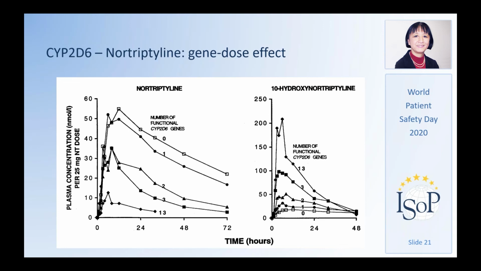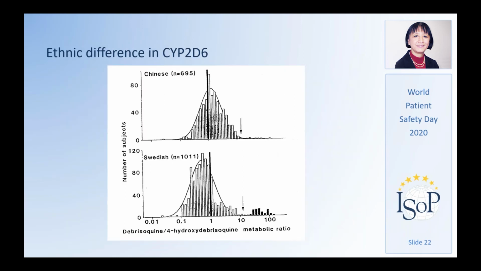And the opposite is true for the ultra-rapid metabolizers. And other genotypes are located in between. So much for inter-individual variability.